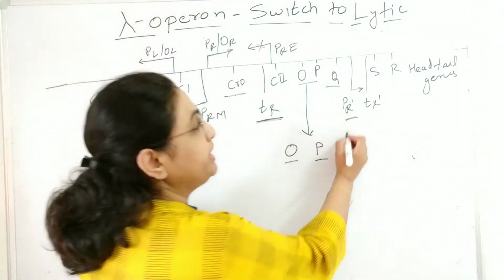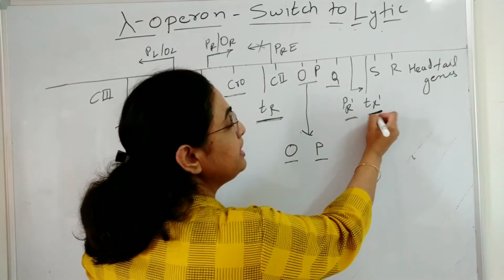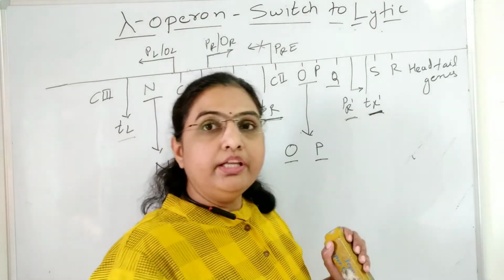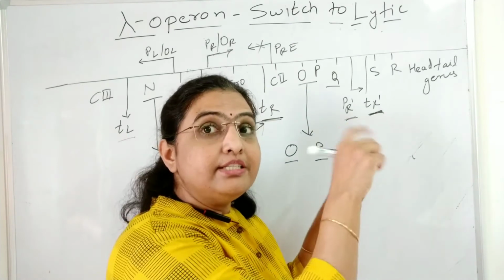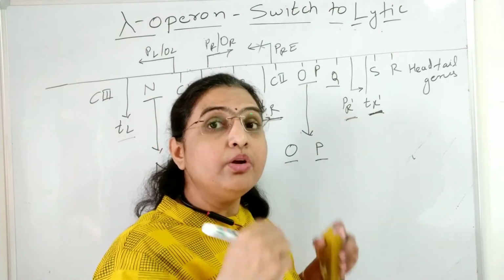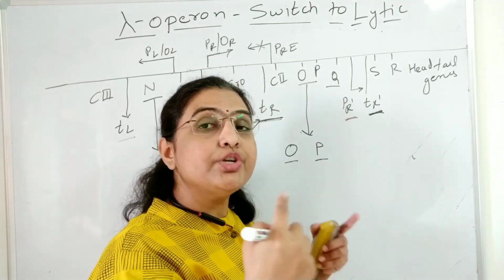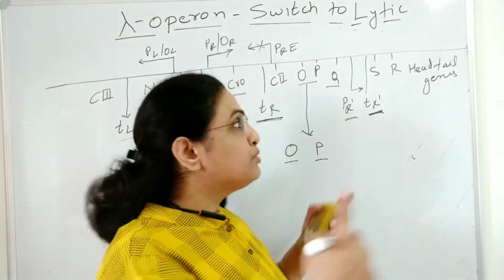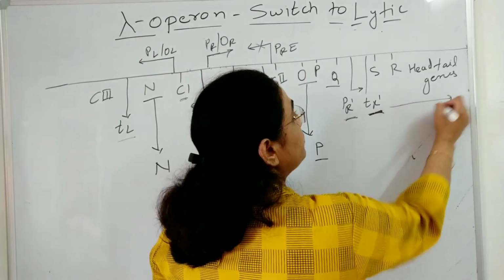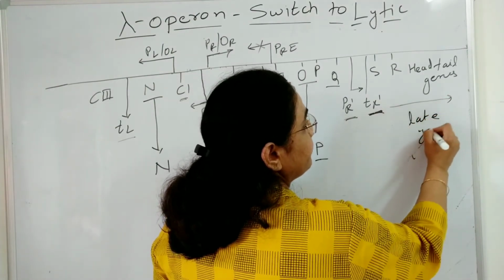PR prime. But here, what you can observe is there is a terminator, and that terminator is TR prime. So this TR prime also has to be overcome. That is the anti-termination event at this TR prime also has to happen, so that there will be the transcription of these late genes.